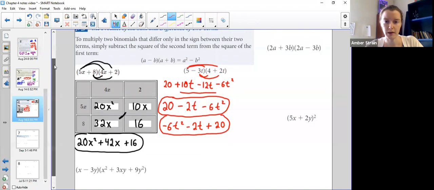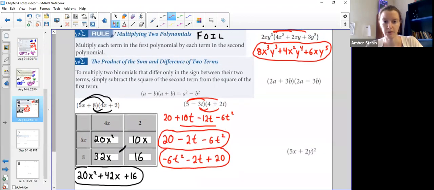So there are a few special cases. Sometimes you'll see them as a separate little rule. But I don't necessarily like to think of them as a rule because they work out exactly the same. If we go through and start foiling, distributing everything, it just works itself out.